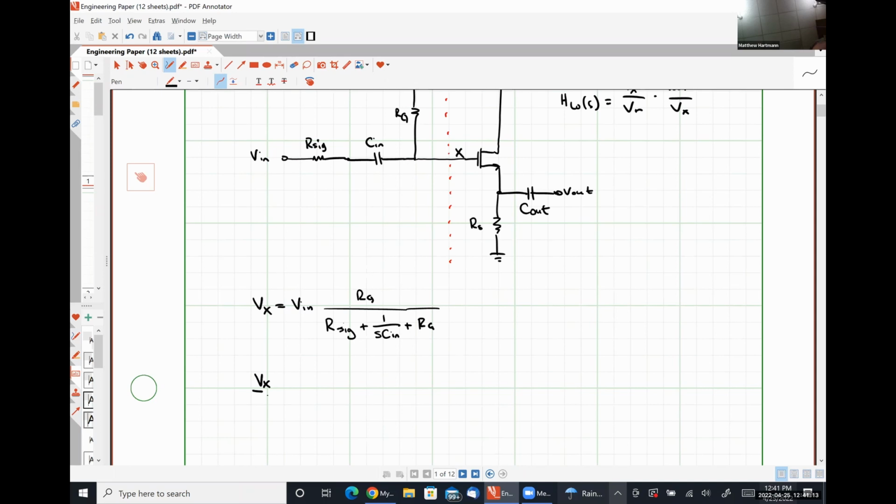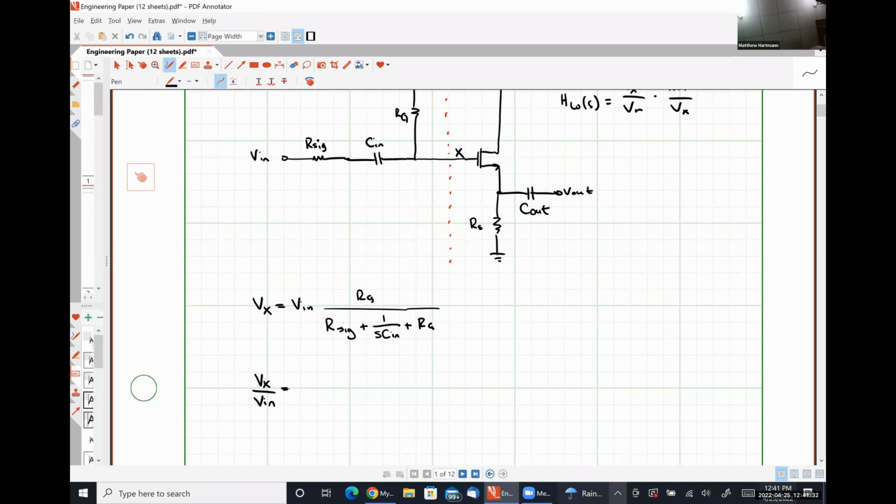And from this, I can say that Vx over Vn. So I'm going to do a very small amount of manipulation here. I'm going to multiply through by a factor of S Cn over S Cn to get my fractions out of my fractions, as I tend to do.